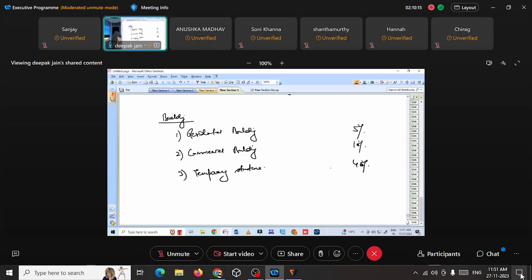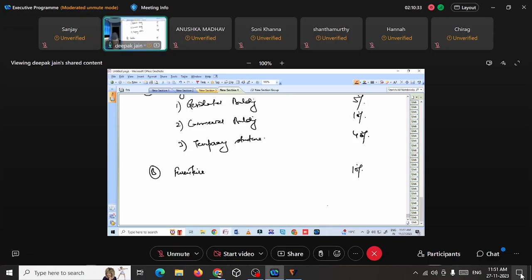As far as furniture is concerned, only one block of 10%. As far as intangible asset is concerned, only one block, that is 25%.